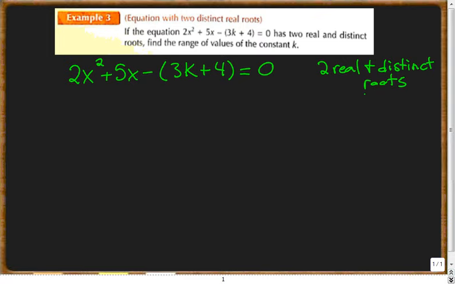So what this means is that our discriminant, which is b squared minus 4ac, has to be larger than 0. Remember, if we have two real and distinct roots, that means our discriminant is positive. If we have two real roots that are the same, the exact same number, like in example 2, we have a discriminant that has to equal 0.